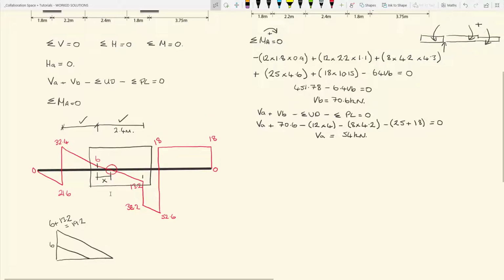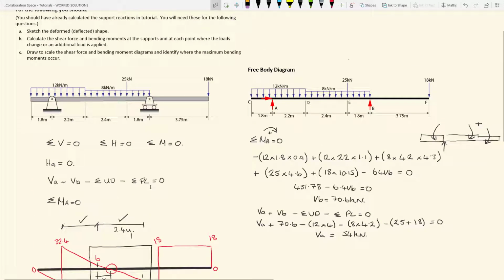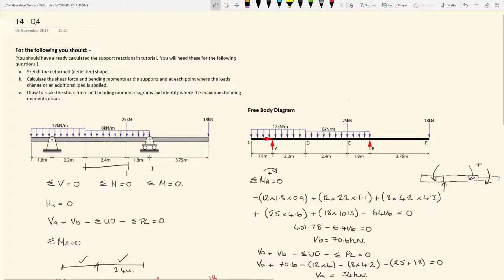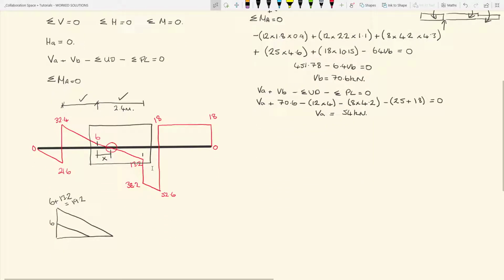Let's just scroll up. We know that distance is the distance from the end of one UD load to the point load. The point load is positioned at the point where we've got a vertical change in the shear force. So we know that distance, that's 2.4 meters.